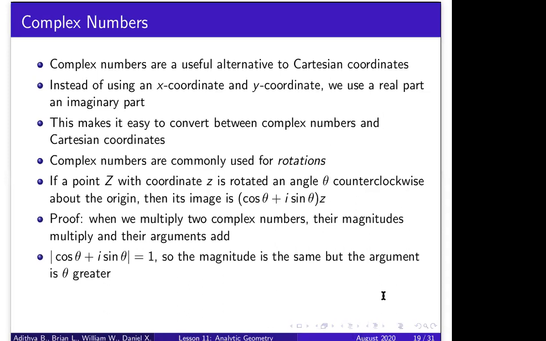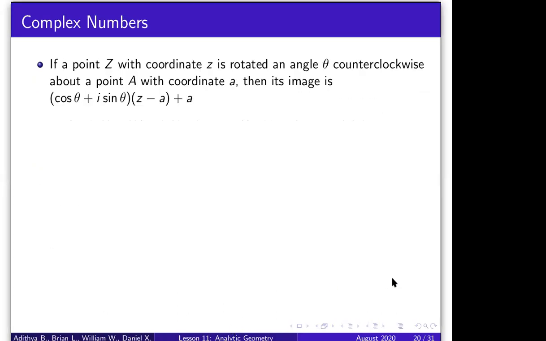So now what if we wanted to rotate about a point that isn't the origin? Well, how would we do that? What we could do is shift it so that whatever point we're rotating about becomes the origin. What does this expression mean?